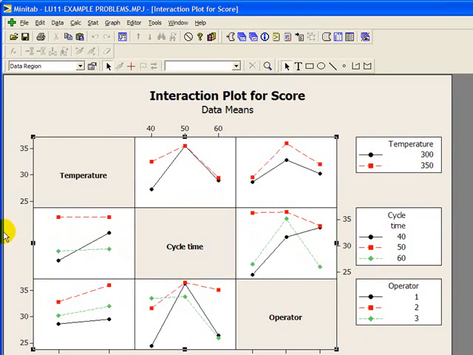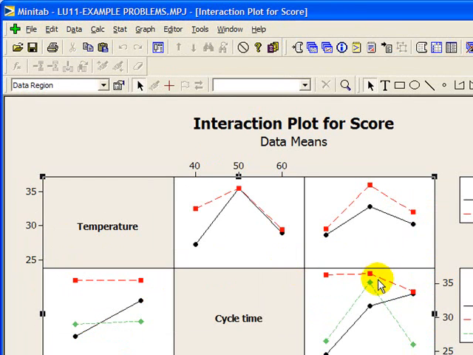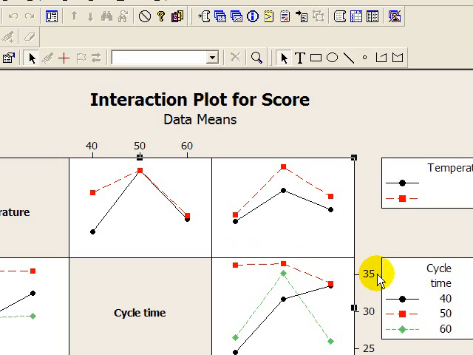And now next let us look at the second row. The color in cycle time is indicated by the different colors. Again I can see here the red line is giving you better value, right?